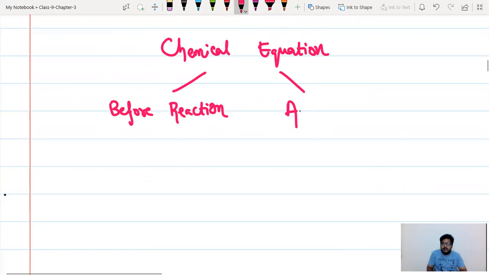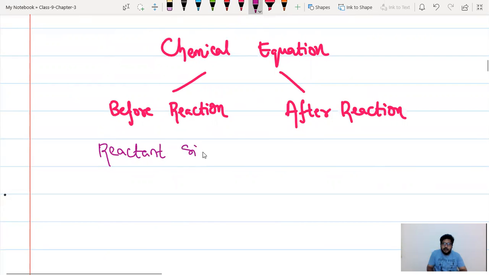Second part is after reaction part. Before reaction part, we need to call it as reactant side. After reaction, we have to call it as product side. In between reactant and product, there will be one arrow mark. We have to pronounce this one as gives rise to. Gives rise to what? New product.